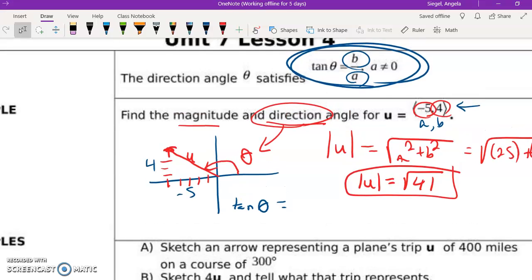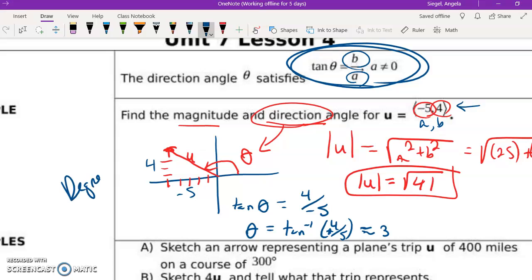So we have b, which is 4 over -5. So then we're just going to do the tangent inverse of -4/5. And remember, I'm going to go ahead and find the tangent inverse of 4/5.